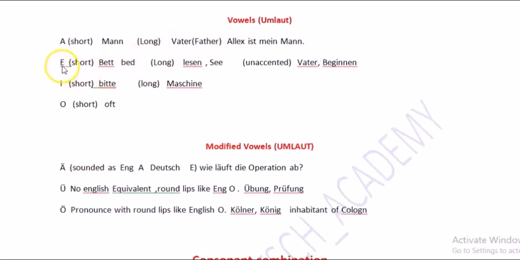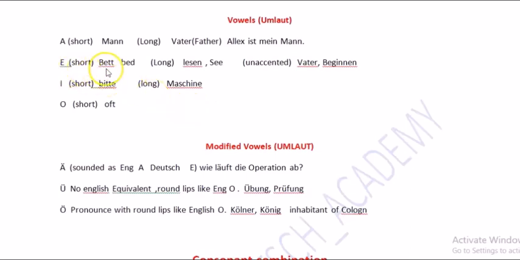So here it is a bit longer pronounced. And the second one is A. A is present in three forms: it is pronounced short, it is pronounced long, and it is unaccented, meaning it is not pronounced but is used in a word.